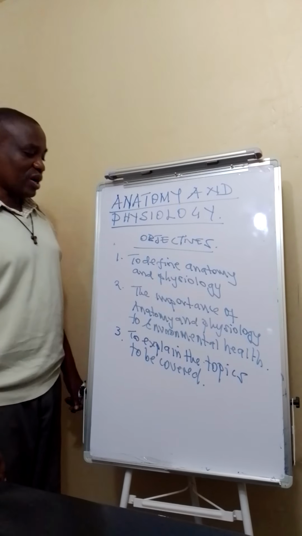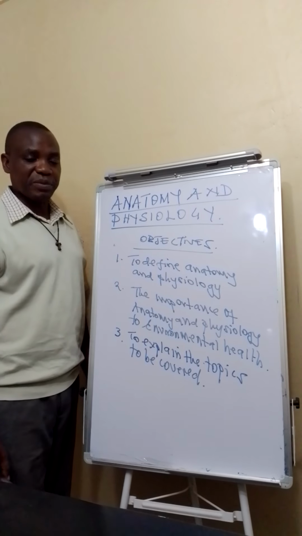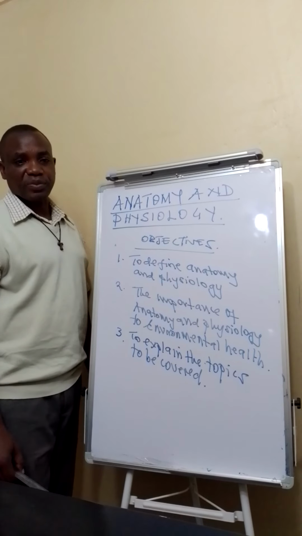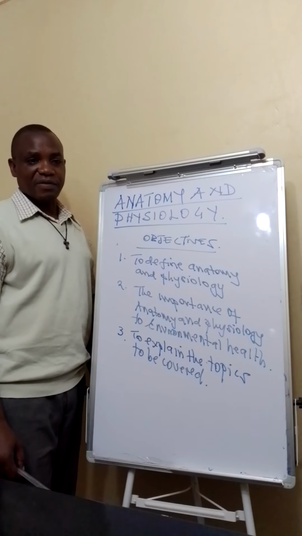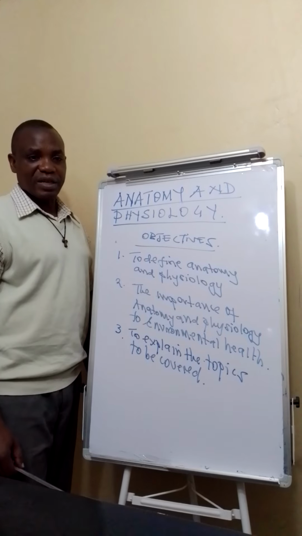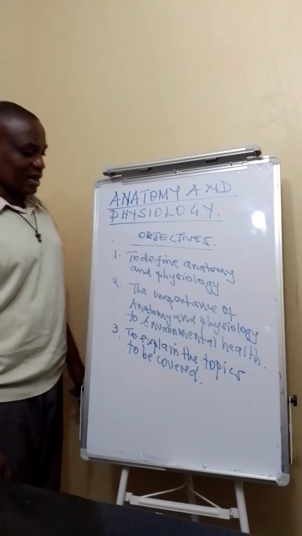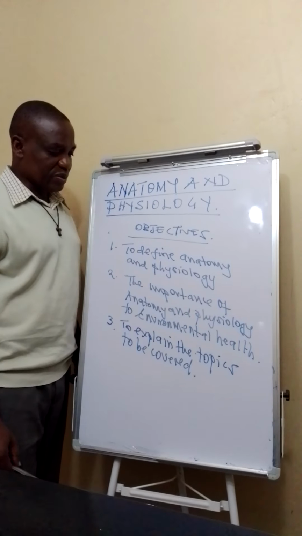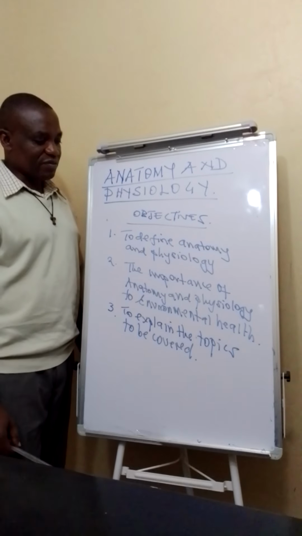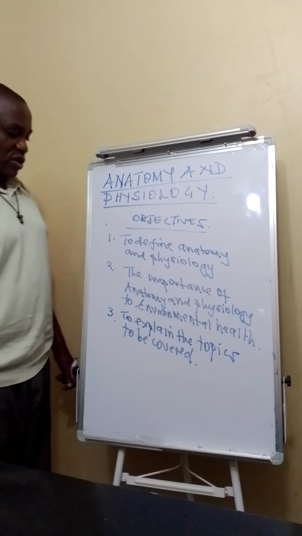There are also different branches of physiology. You can have neurophysiology and so on and so forth. So you can search from your website there and find the different branches of anatomy and the different branches of physiology.